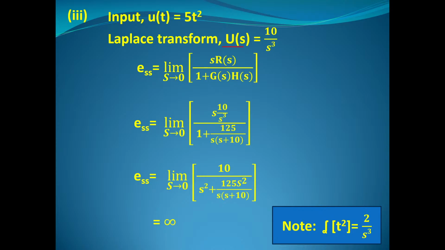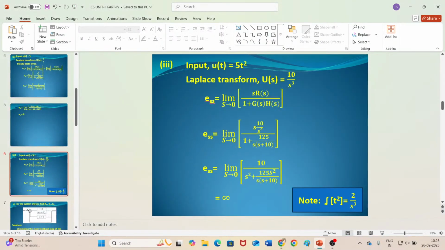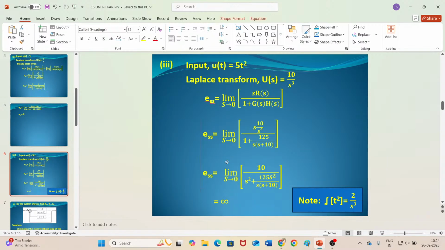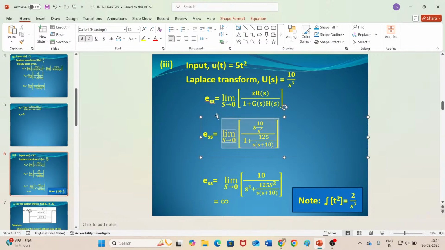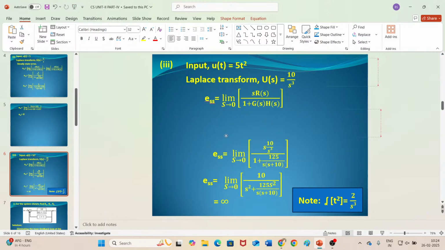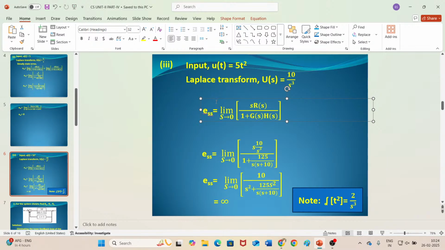Okay, so I will just make some modifications here. Simply I will copy the ESS from the previous slide. I just want to mention steady state error here, which I have not yet mentioned.